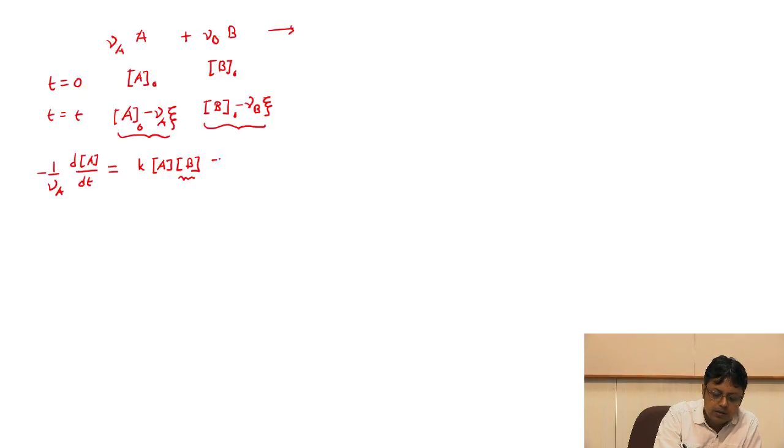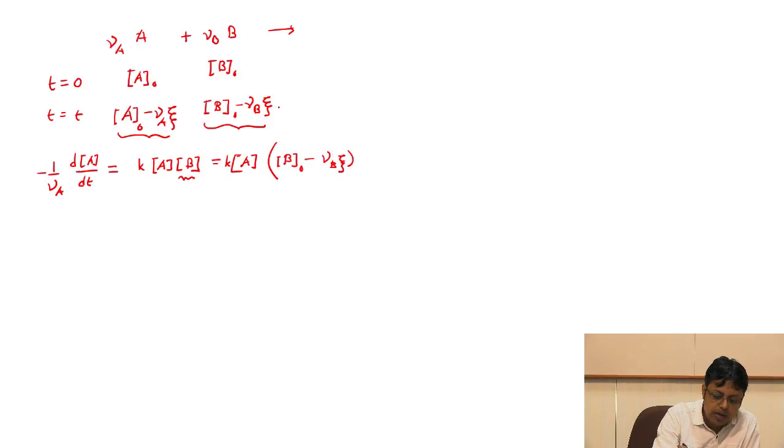So a is nothing but a0 minus nu a into xi, and b is nothing but b0, or since we are solving for a, we'll just keep it as a, because that's a variable here. So not variable, the variable is t, but that will integrate anyway. So we're writing it as k into a, and instead of b, we're just writing b0. Remember, b0 is a constant, minus nu b into xi.